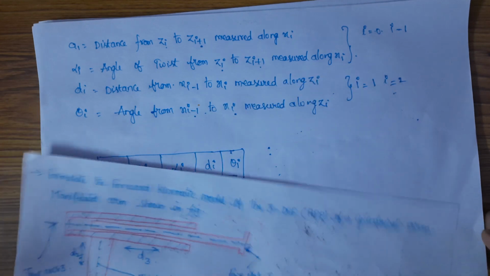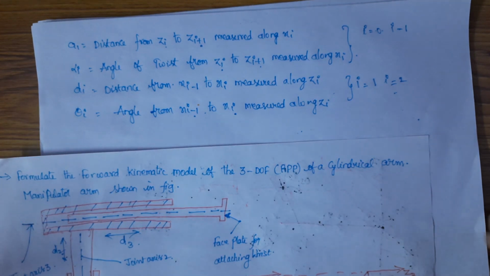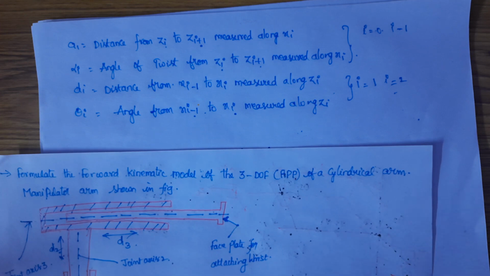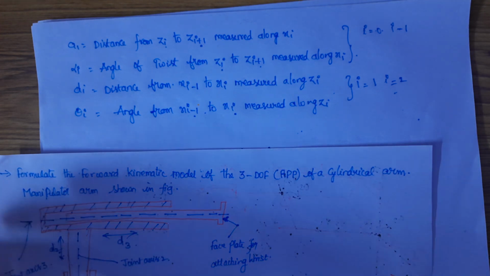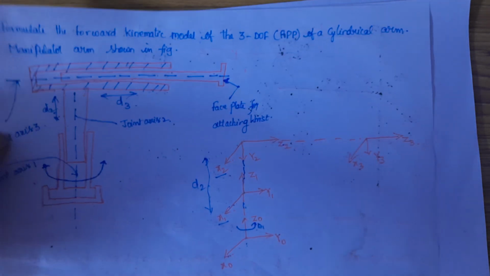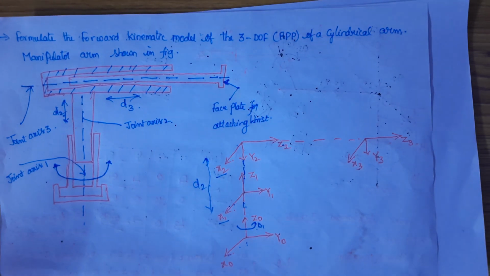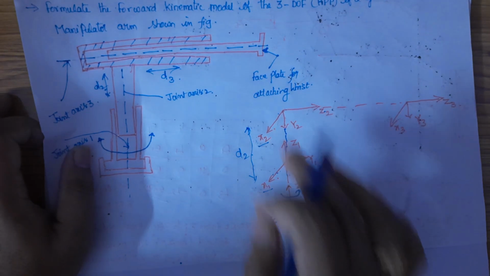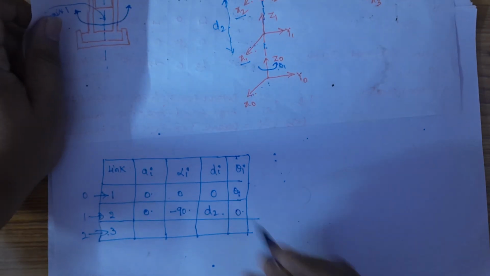Now the angle from x1 to x2 measured along z2. What is the angle here? We don't find any angle because it is a prismatic joint. x1 to x2 both are in the same planes, so we don't have any angle here.